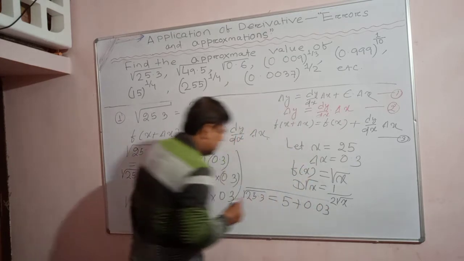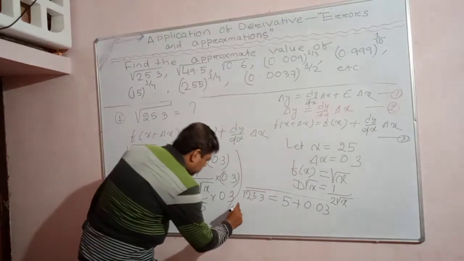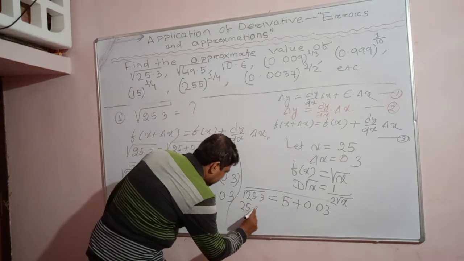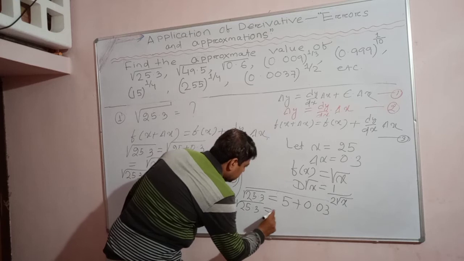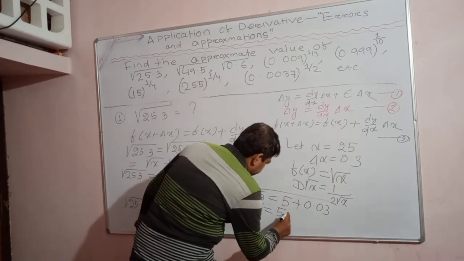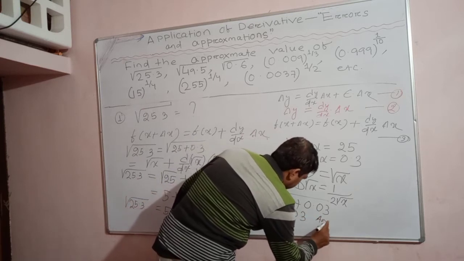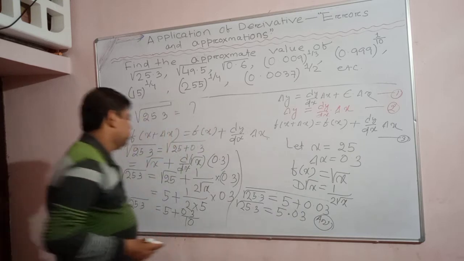So the square root of 25.3 is equal to 5 plus 0.03, which is 5.03. This is the required value.